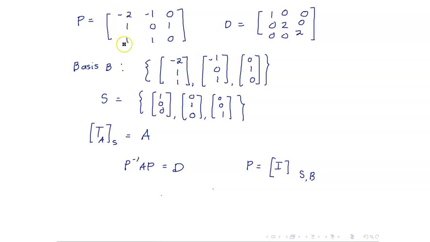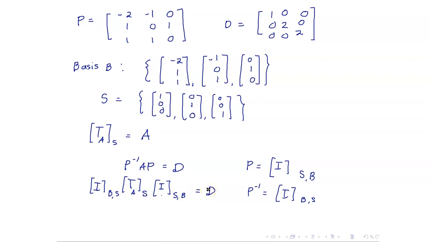Because for example, (-2, 1, 1) is the coordinate vector of (-2, 1, 1) with respect to the standard basis S. P inverse is now the change of basis matrix, you just interchange this, from S to B. So I will now write this P inverse as the change of basis matrix from S to B. A is the matrix representation of T_A with respect to S, and P is the change of basis matrix from B to S, and the product is equal to a diagonal matrix D. If you look at this, it is the matrix representation of A with respect to what basis?